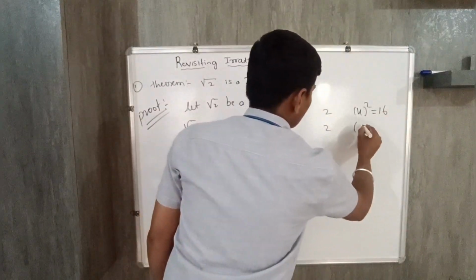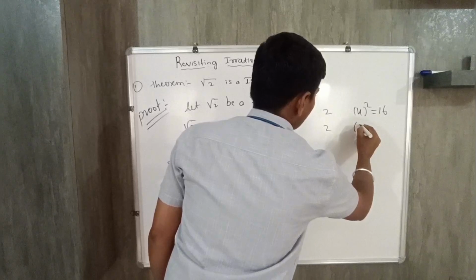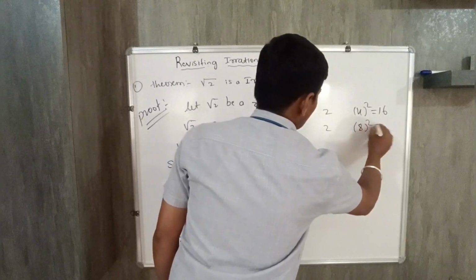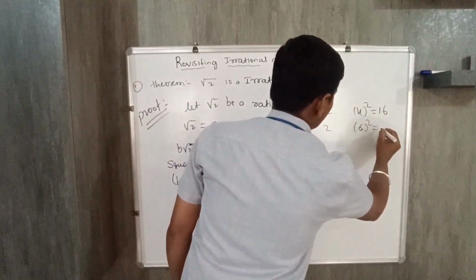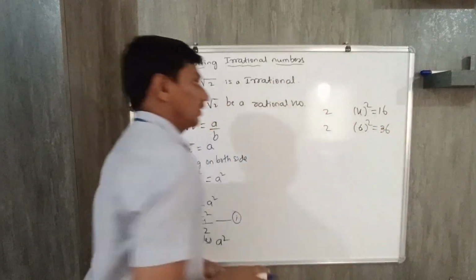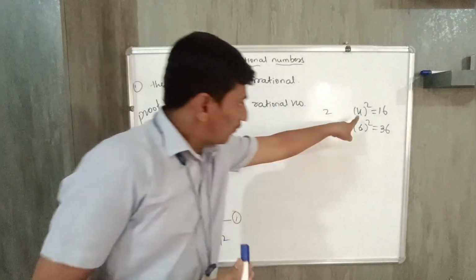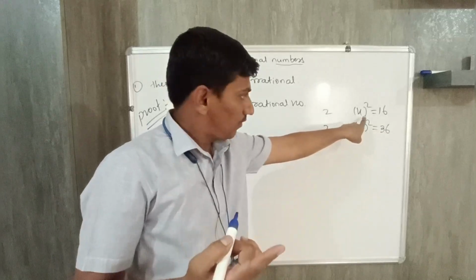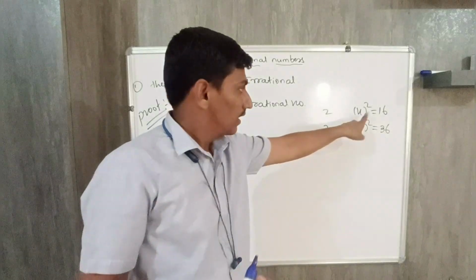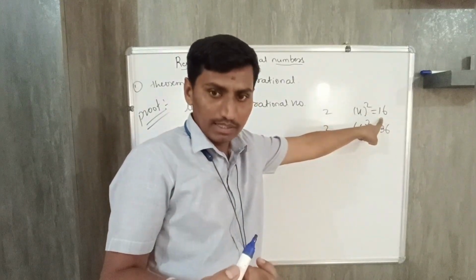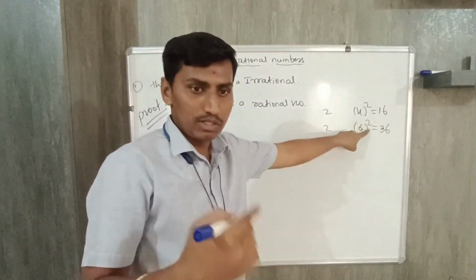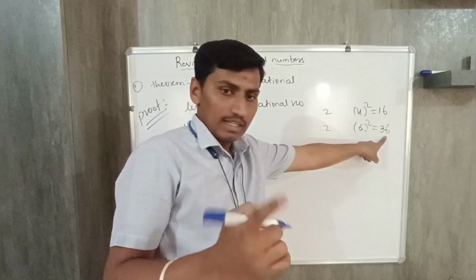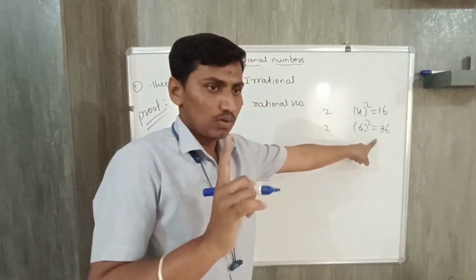And 8 whole square equals 64. 6 whole square equals 36. So 2 divides 4 square also, 2 divides 16, 2 divides 64 and 2 divides 36.